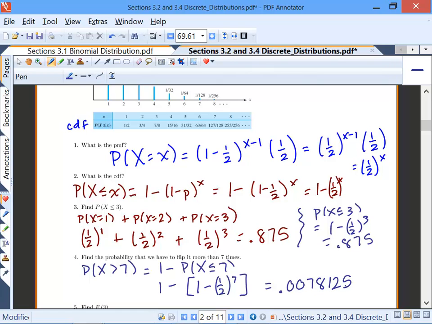That gives 0.0078125. Which makes sense, right? If you're flipping a fair coin, you would probably expect that you don't have to flip it more than 7 times to get a head. That'd be pretty surprising if we had to flip it more than 7 times to get my first head.